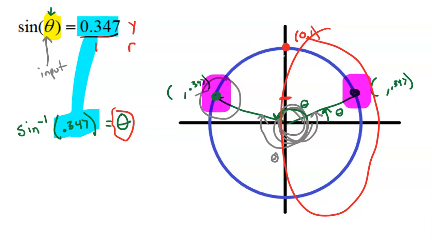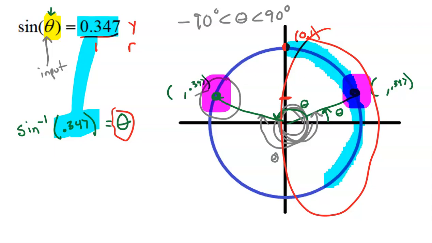So technically, that would be any angle from negative 90 degrees to positive 90 degrees. So I'm only allowed to look up to 90 or down to negative 90, because values over here have different y values. They won't repeat themselves. And furthermore, I'm not allowed to go around and around and around.